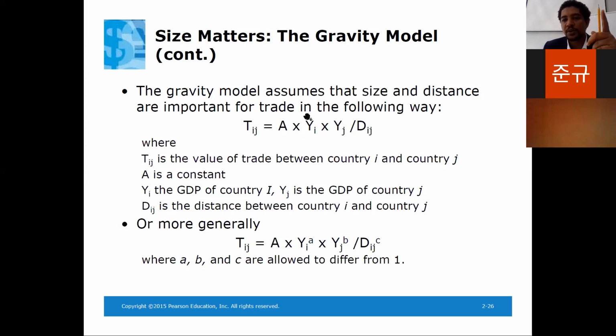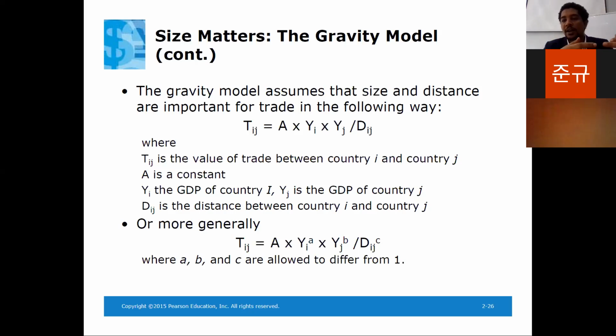For example, if you are talking about China and the US, and we want to calculate the value of trade between them, then the value of trade between China and the US is equal to constant A times the GDP of China times the GDP of America, divided by the distance between these two countries.